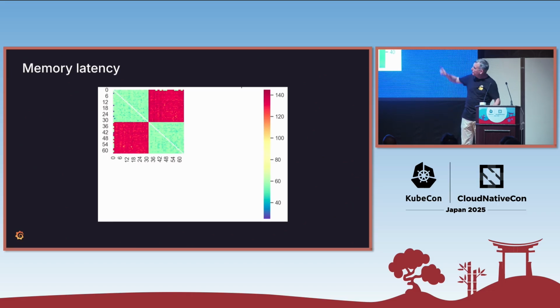There's a white line down the middle. That's where one core is talking to itself, so that takes no time at all. The numbers are the core numbers. So this is 32 cores in one zone, and talking to the next 32 cores, everything slows down.